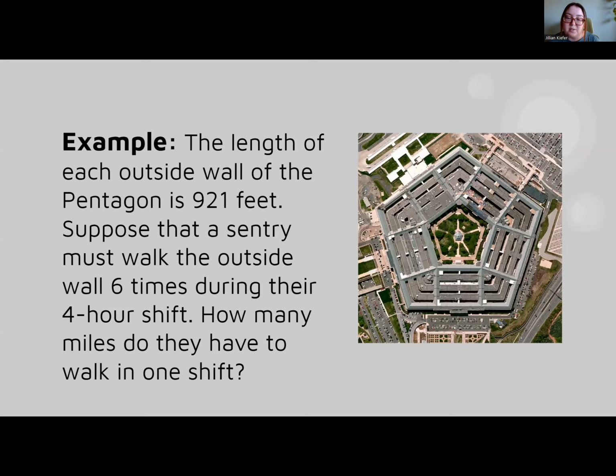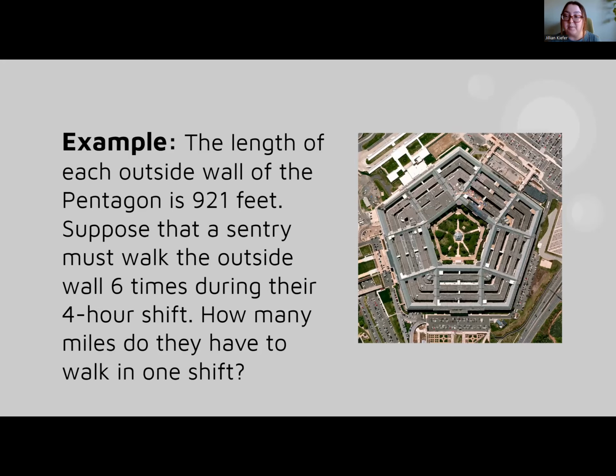How many miles do they have to walk in one shift? So we have a little bit of conversion in this case, as well as finding perimeter. We're saying that if this person is just walking along the edge, we're finding the length of the perimeter in that case. So it's 921 feet for every outside wall.